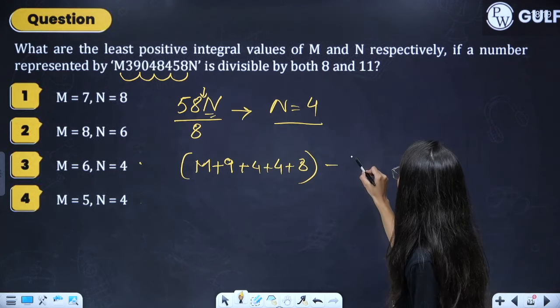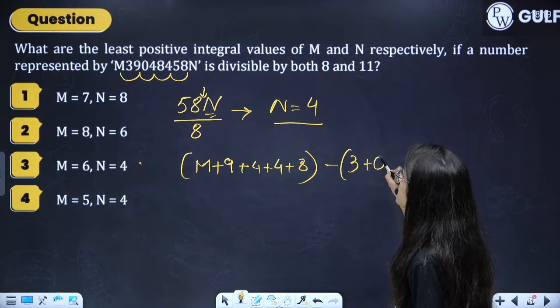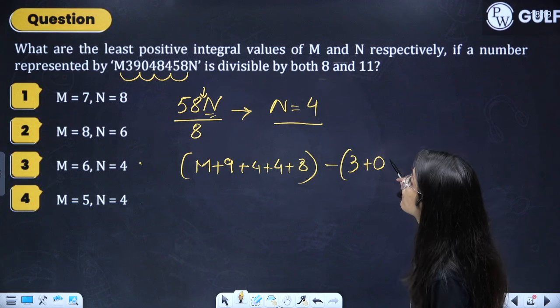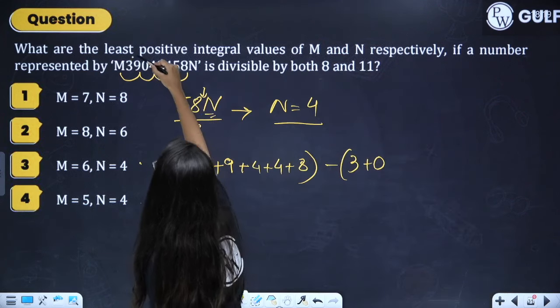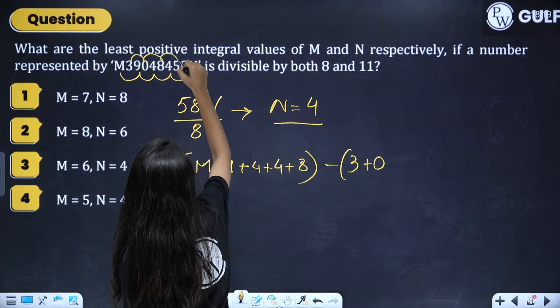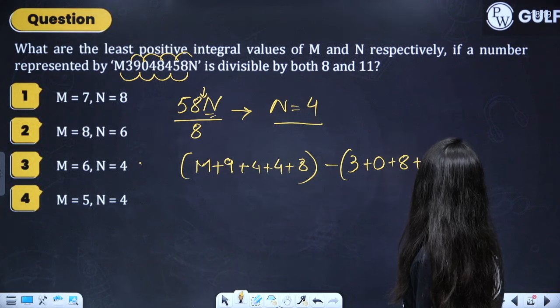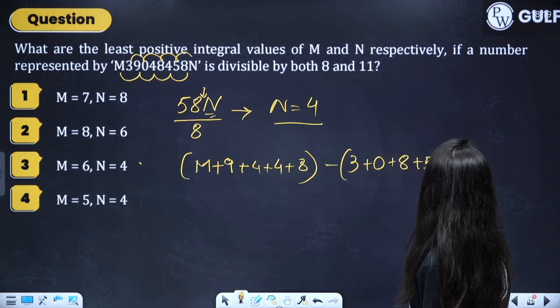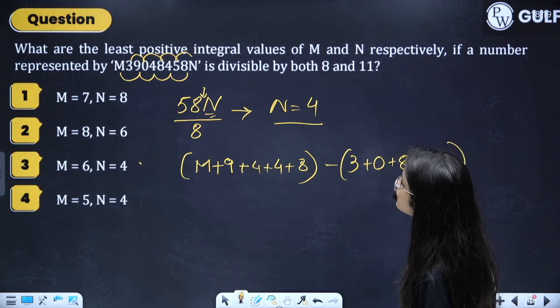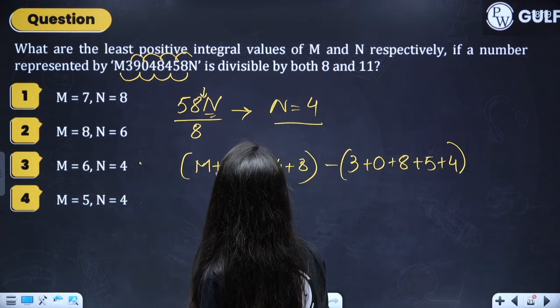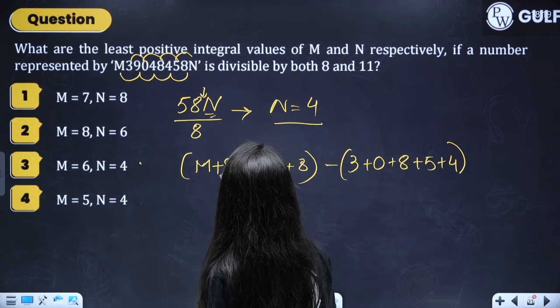So which is 3 plus the summation of the numbers at even places. So 3 plus 0 plus 8 plus 5 plus 4.